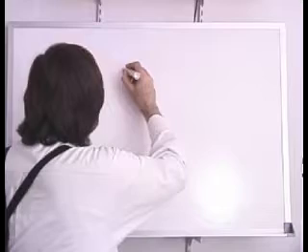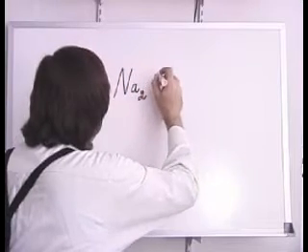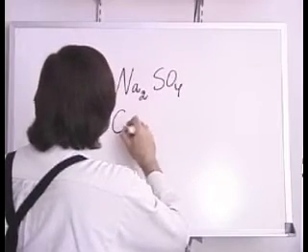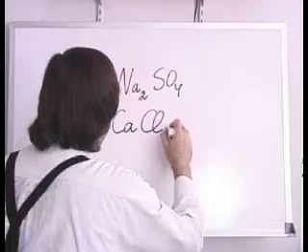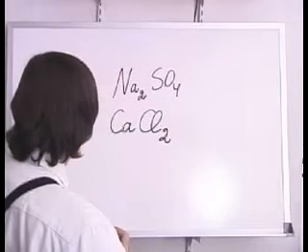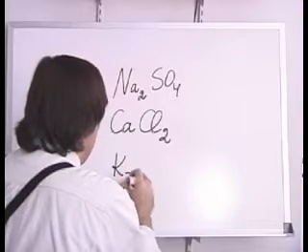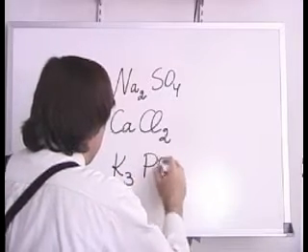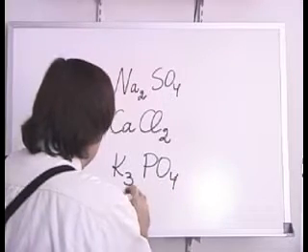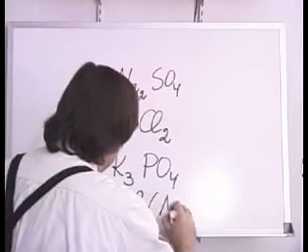Tertiary electrolytes can be unibivalent, such as sodium sulfate, or biunivalent, such as calcium chloride. While quaternary electrolytes can be unitrivalent, such as potassium phosphate, or triunivalent, as in the case of aluminum nitrate.